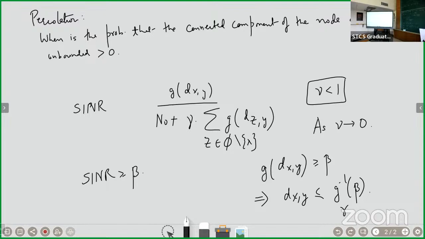Supposing your Gilbert disk model is percolating. No, think about it. On one side, what have you said? That if the Gilbert disk model itself is not percolating, there is no chance this can percolate. That's what we really said. Now play it around. Suppose the Gilbert disk model is percolating. Now what can you say?